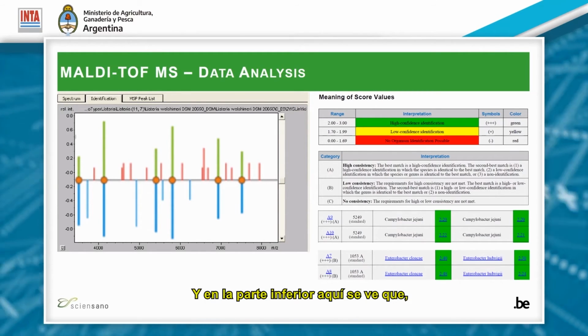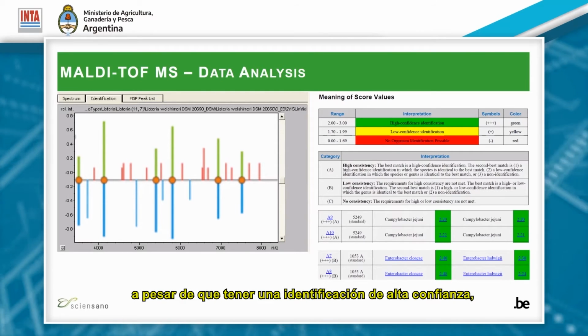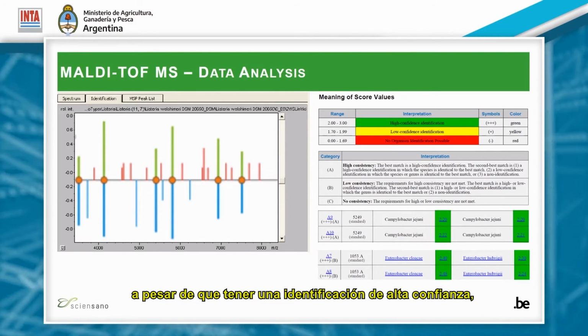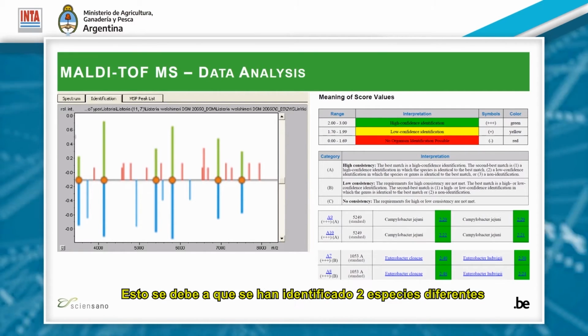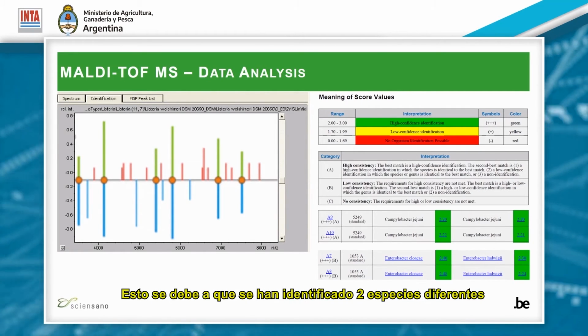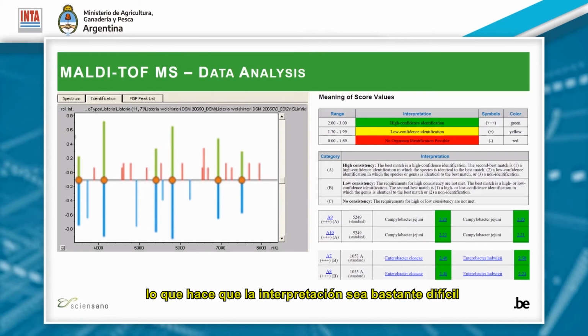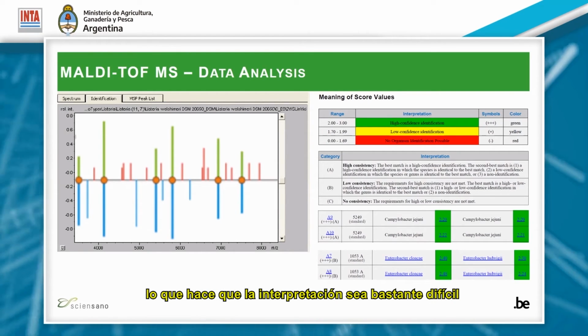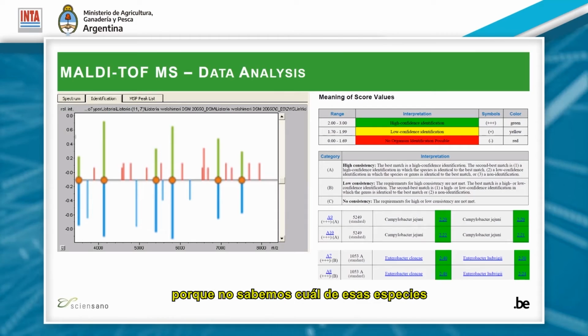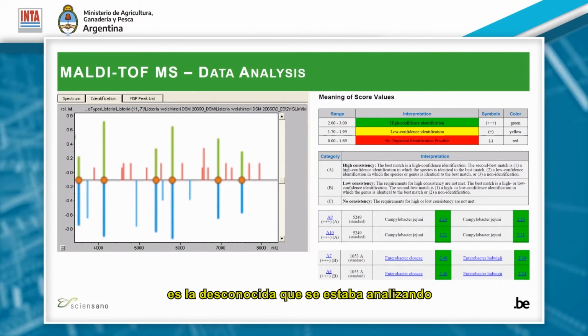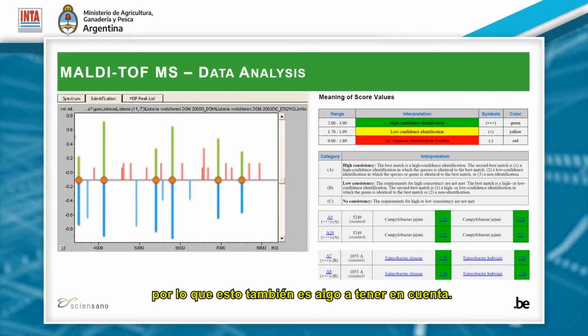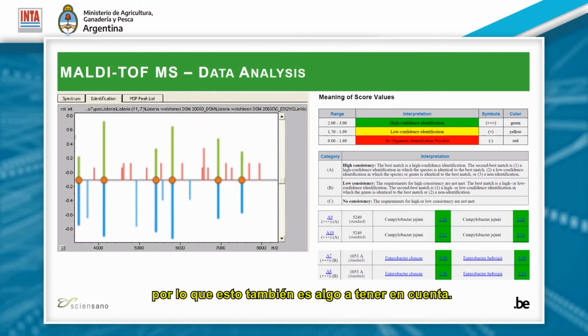On the bottom, despite the fact that you have a high confidence identification, you have only a low consistency identification. This is because you have two different species that have been identified, but it makes the interpretation rather difficult because which of those species is the actual unknown that was being analyzed? So this is also something to take into account.